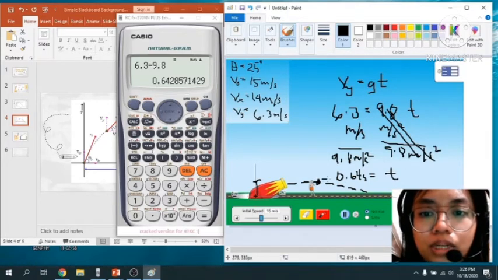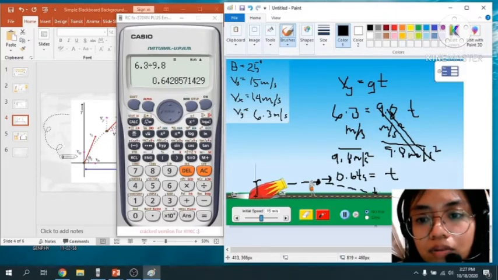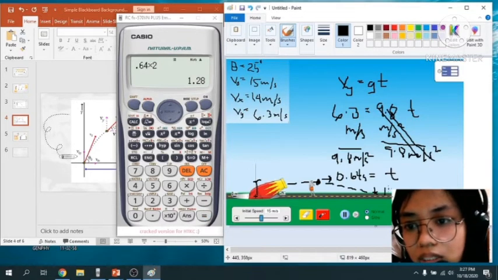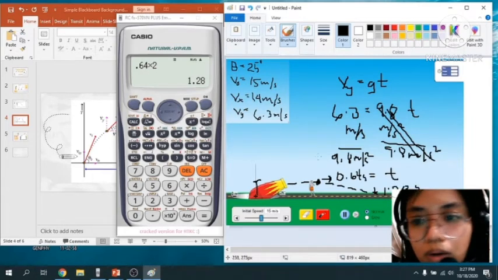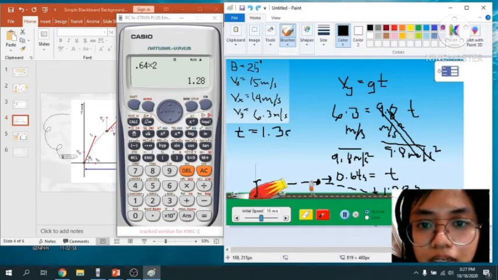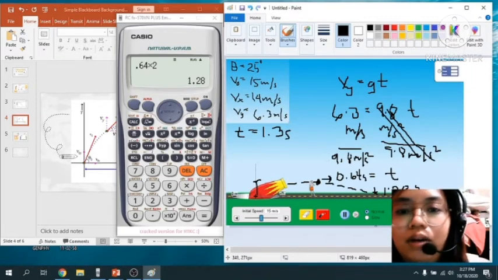To get the time it lands, we just multiply it by 2. 0.64 times 2 is equivalent to 1.28 seconds. So this is the final time, 1.28 seconds, or 1.3. Let's put the time of 1.3 seconds here. We have gotten the time.